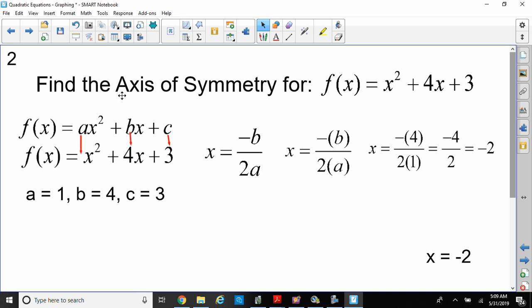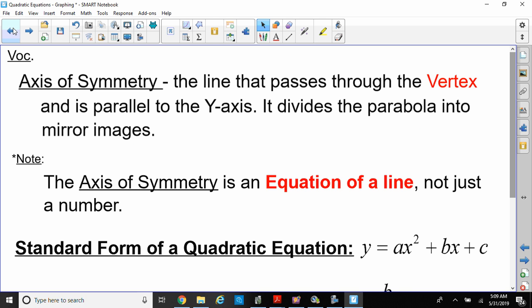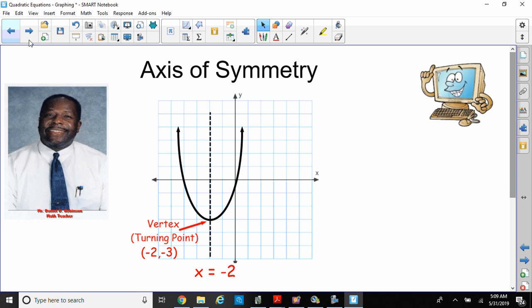When you graph it, let's go back, you'll be drawing a line on the x equaling -2. And I don't know if this was the function, but here you have some type of parabola, and the x is a vertical line that goes straight up and down, and it goes through the point x equaling -2.